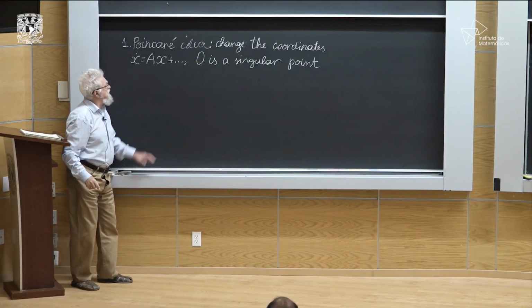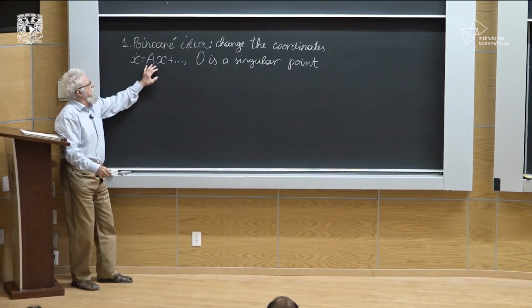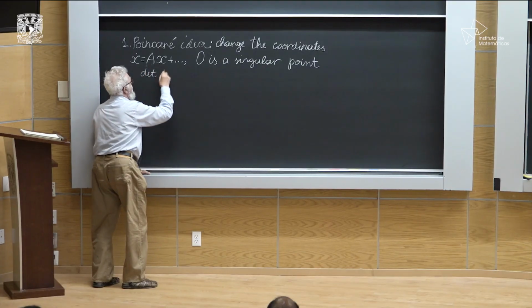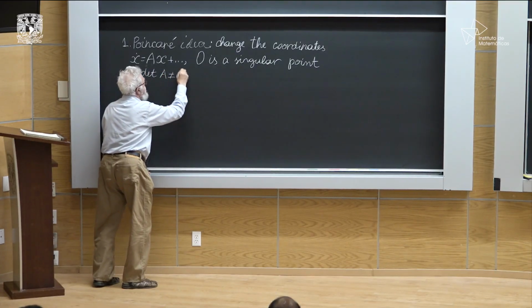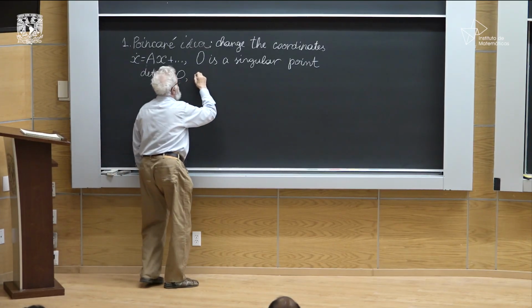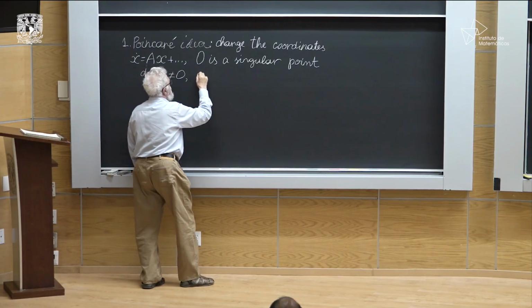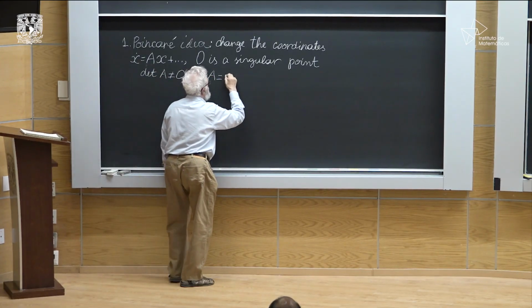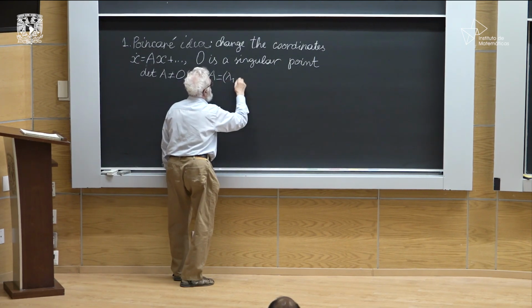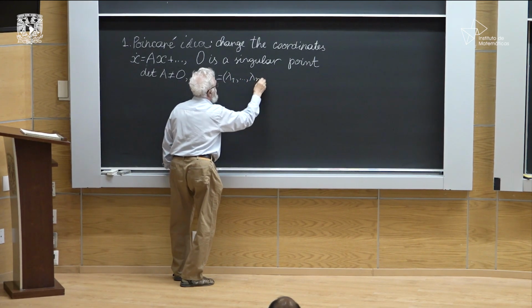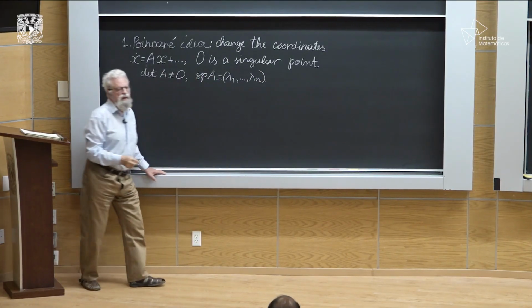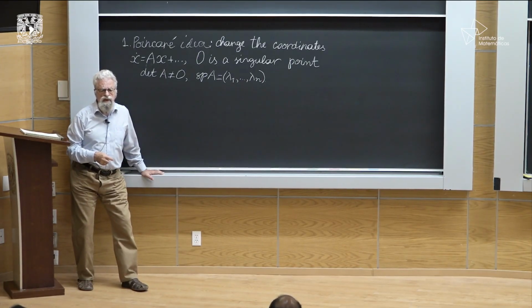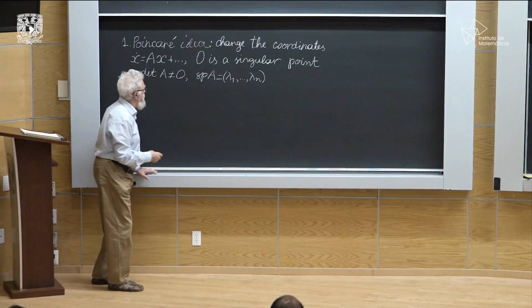The first question is: let the linear part be non-degenerate, and suppose that lambda is the spectrum of A. When may the coordinate change be done so that the equation becomes simply linear?